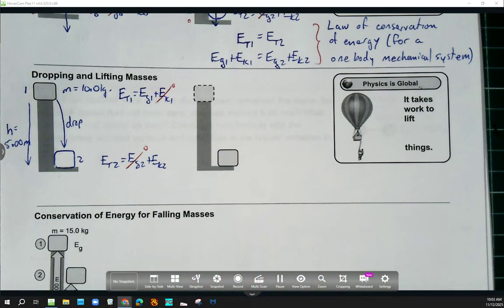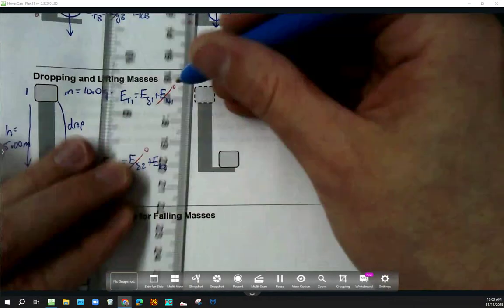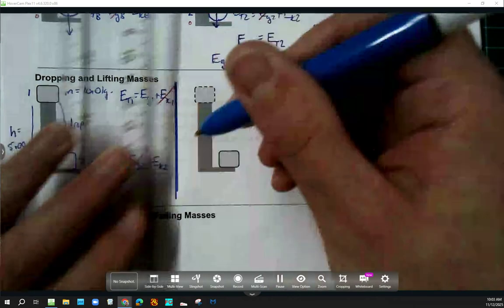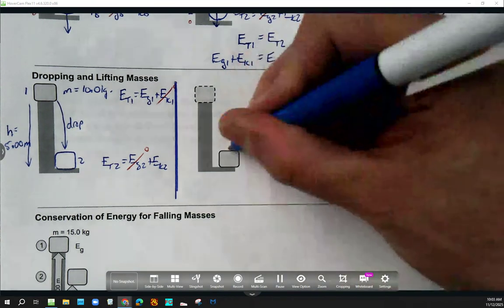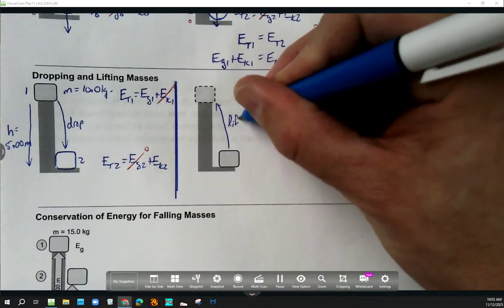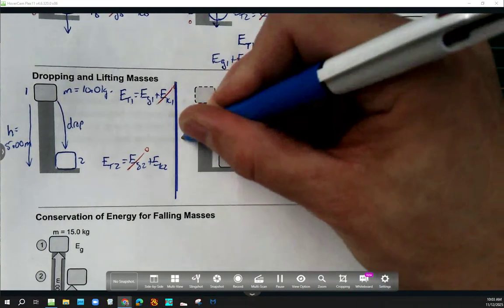If I were to do a lift, on the other hand, I want to give myself a little bit of a break on my page, just to say that there's a left column there and a right column there. If I were to do a lift, like lift this object up, I'll write the word lift. The way that I think about this is like a free body diagram.